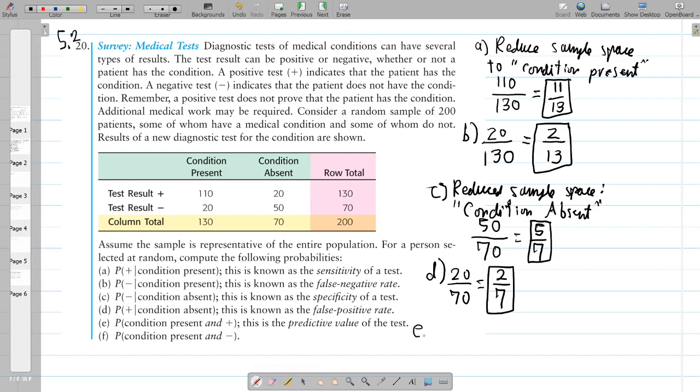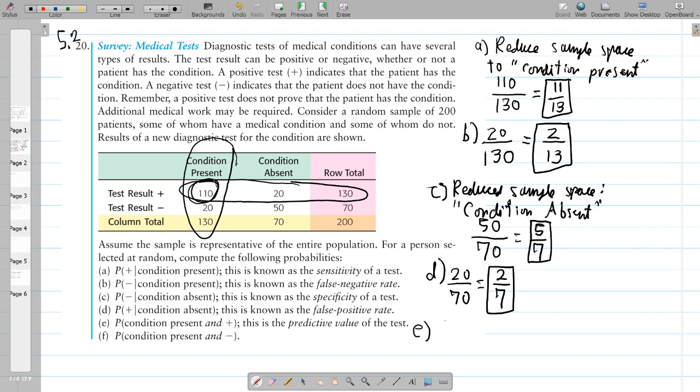E is, what's the probability the condition is present and we have a plus? Being present are all those, and having a plus is all of those. So which ones are in both? We have just that. There are 110 which are both positive and have the condition present.